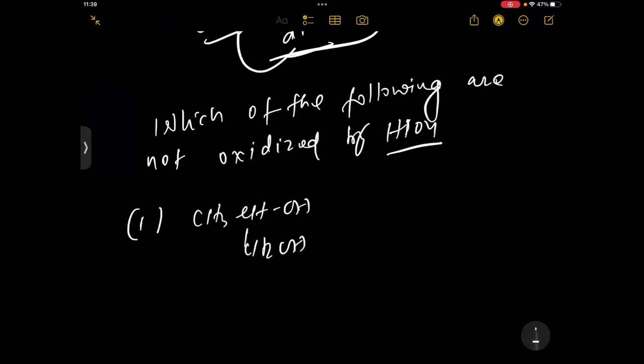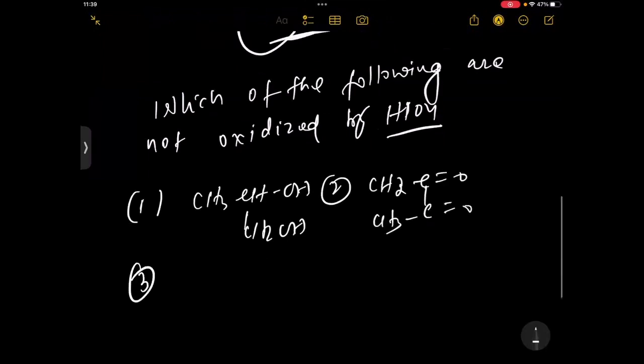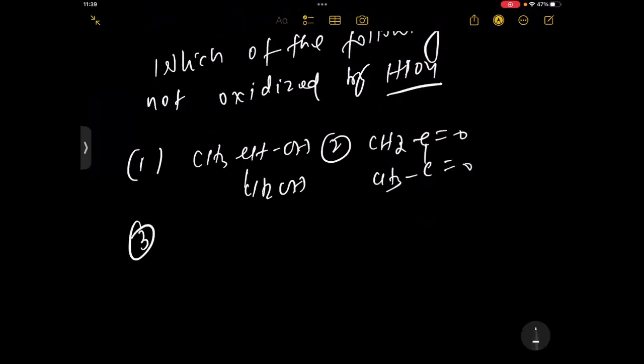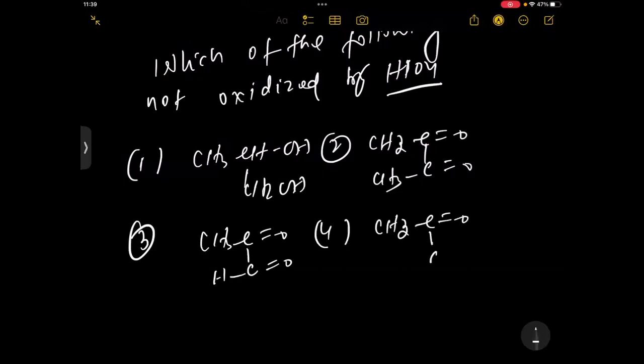The second I write here CH3, C double bond O and C double bond O, CH3. Third is CH3, C double bond O, CH double bond O. And fourth is CH3, C double bond O, CH, NH2, CH3. And fifth is here.